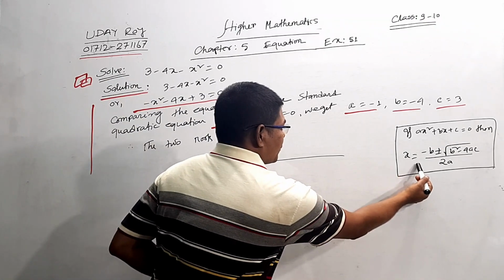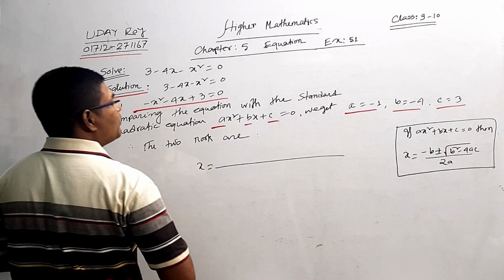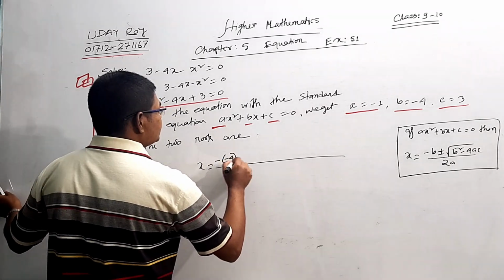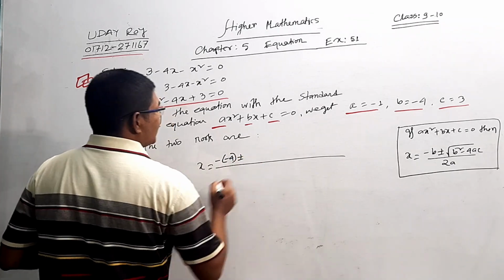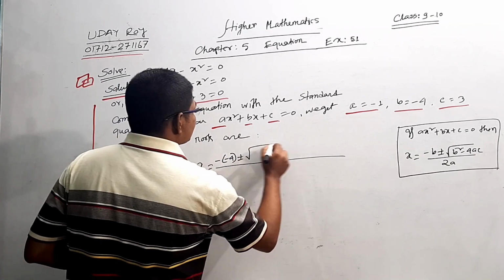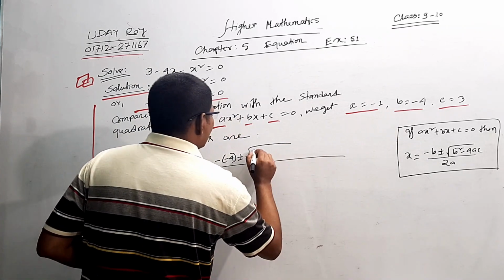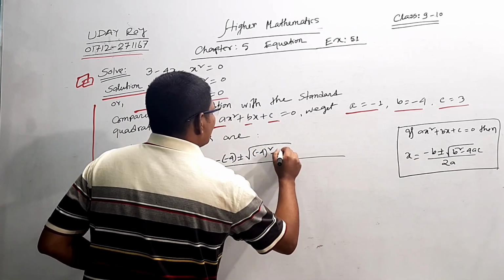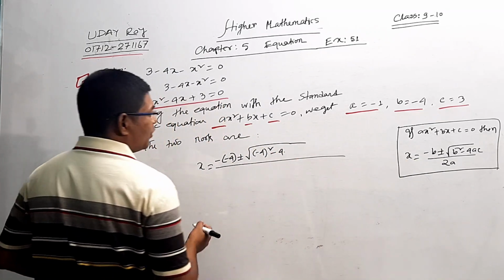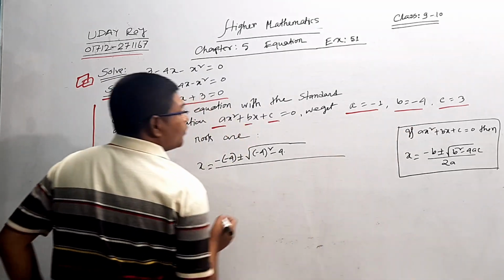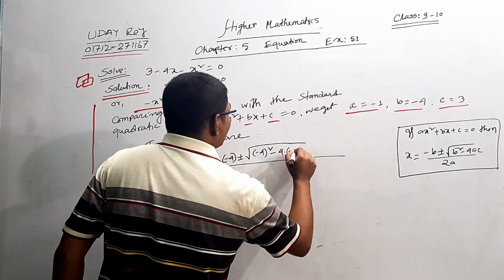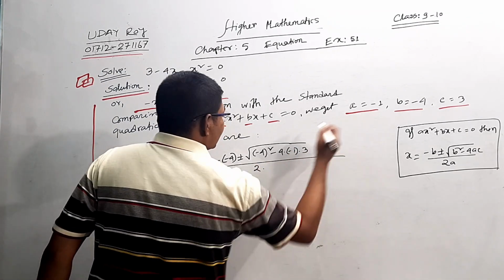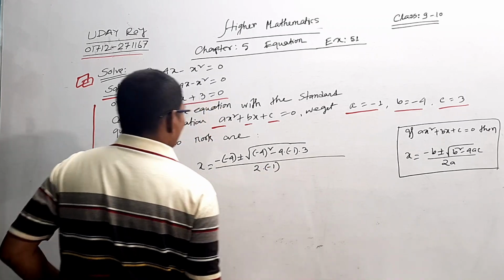using this formula. So we can use minus b plus minus square root of b square, b equal to minus 4, b square, then minus 4ac, 4 and a equal to minus 1, a and c, 4ac divided by twice a, the value of a is minus 1.